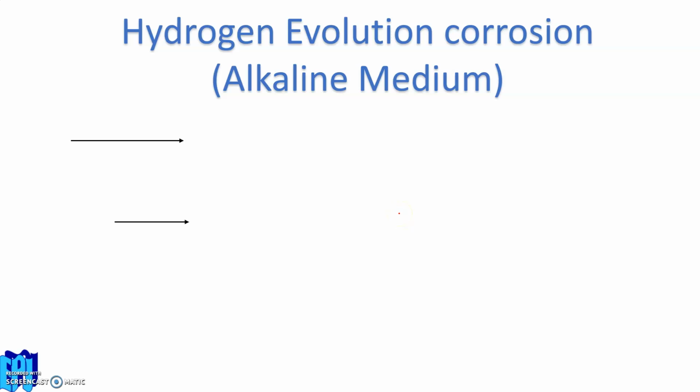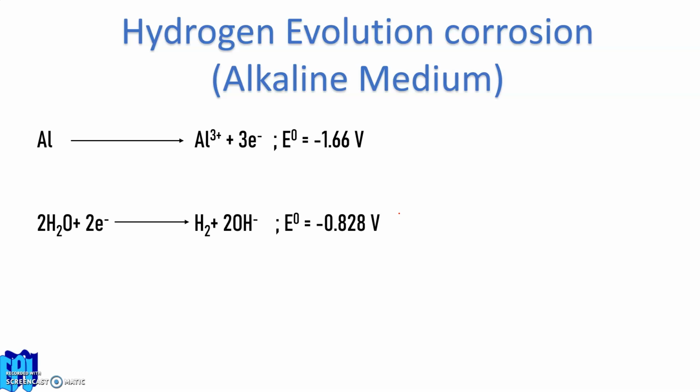Next, this hydrogen evolution corrosion takes place also in alkaline media. The mechanisms are the same, which means anodic and cathodic areas are formed. Here I am explaining it using aluminium. Aluminium gives aluminium 3+ plus 3 electrons. Its E0 value is minus 1.66. At the same time, these electrons will migrate towards the water, in alkaline medium.